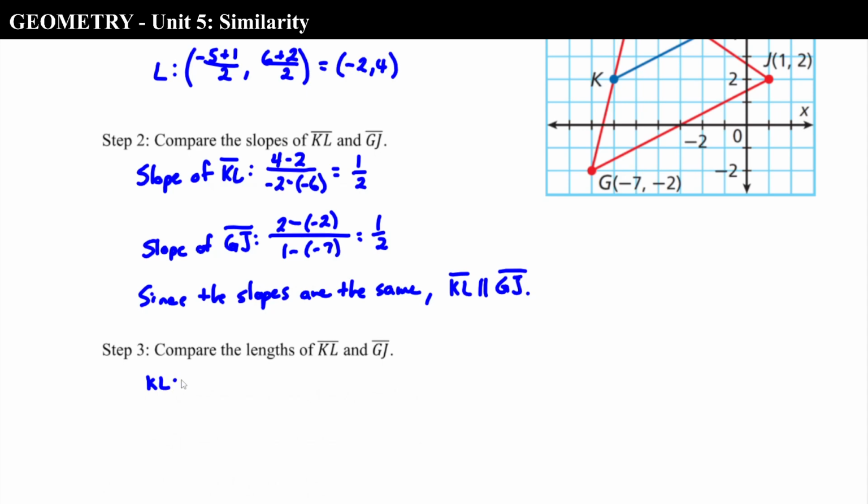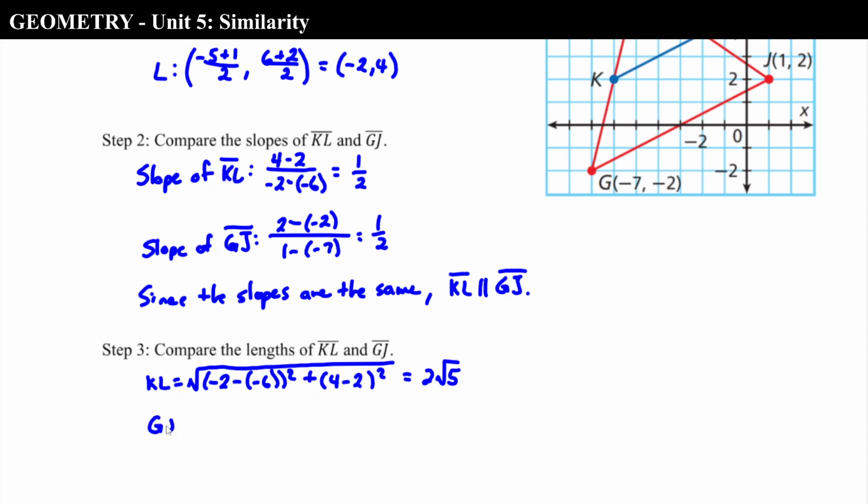So KL, the length of KL, is going to be the square root of negative 2 minus negative 6 squared plus 4 minus 2 squared. And that is going to be equal to 2 square root of 5. We're going to go with exact values here.